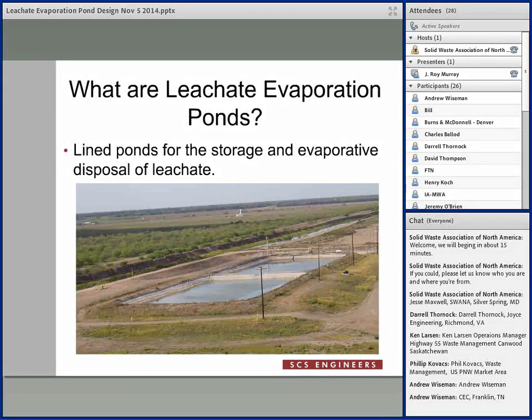These ponds very basically are lined ponds for the storage and evaporative disposal of leachate. A lot of people can use these to basically provide a buffer, a storage pond while they're getting rid of their leachate through other means, and they maybe can take advantage of some net evaporation over the long haul.